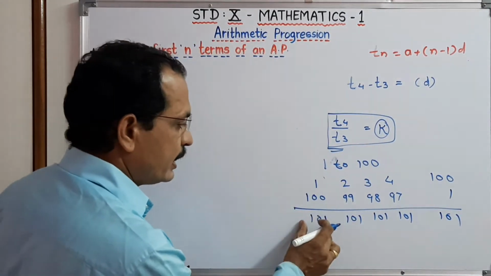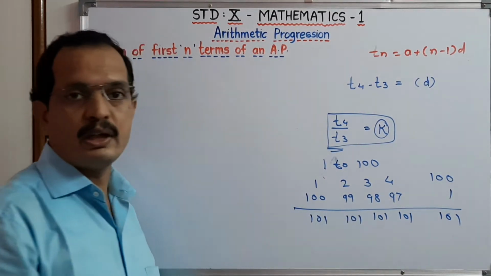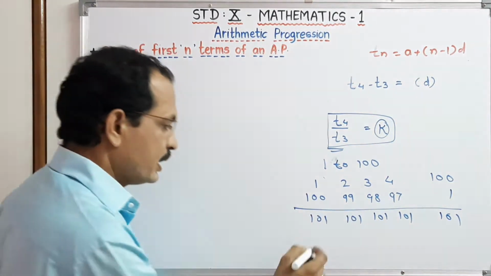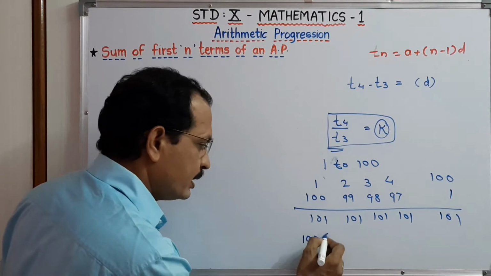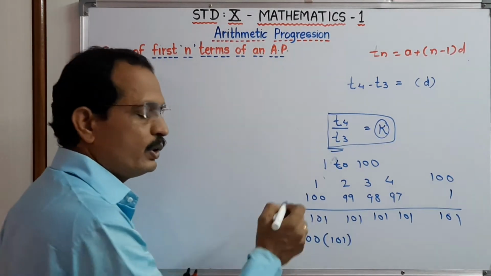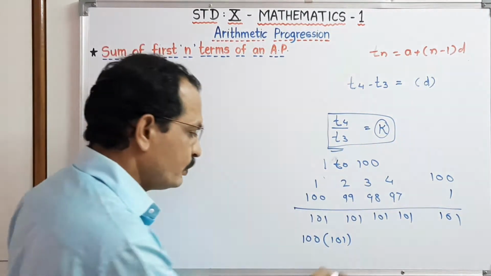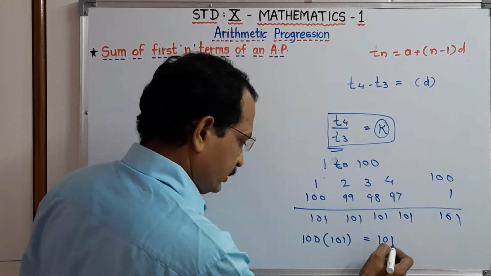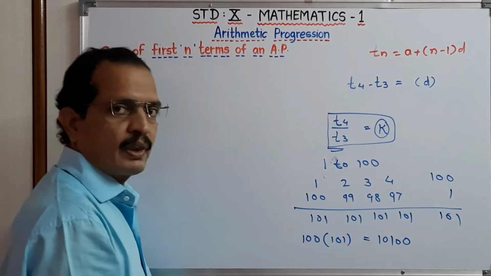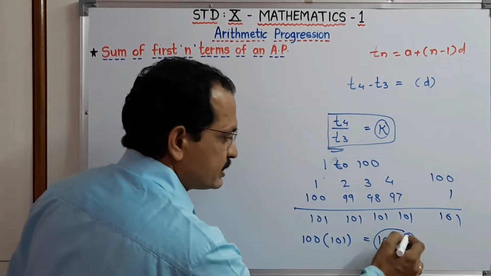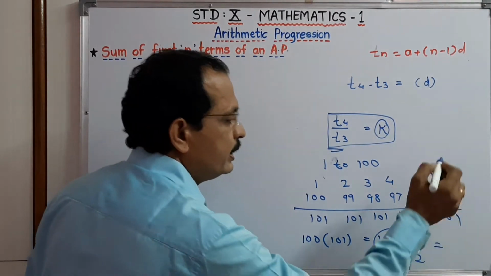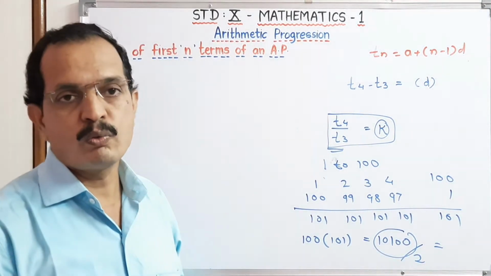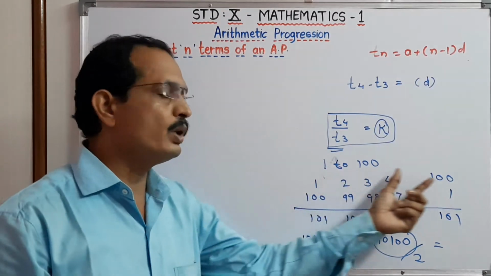And this 101 comes how many times? 100 times. Therefore, he multiplied this 101 with 100. Then he got the answer. And then he divided this number by 2 and he got the sum of all the numbers from 1 to 100.